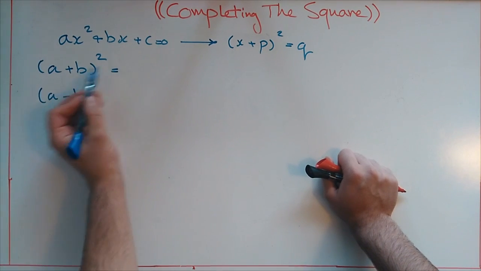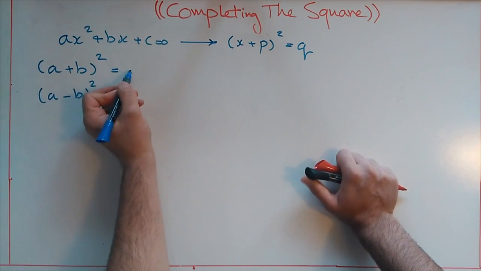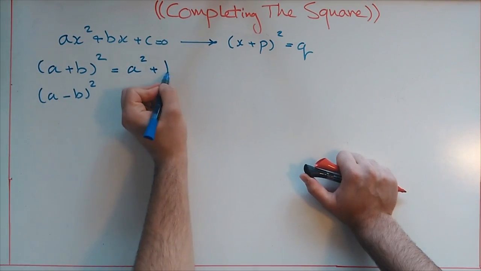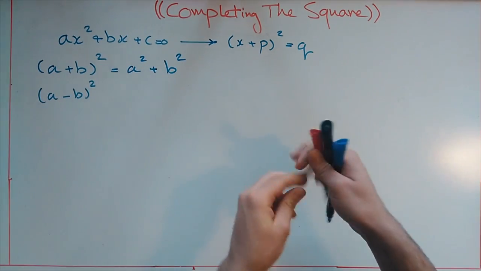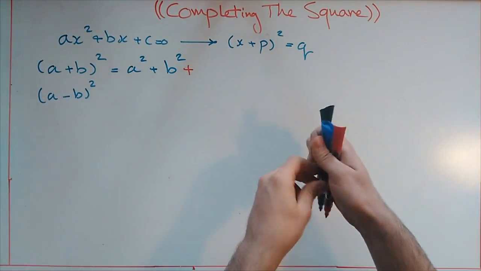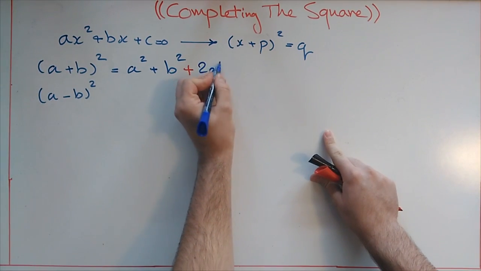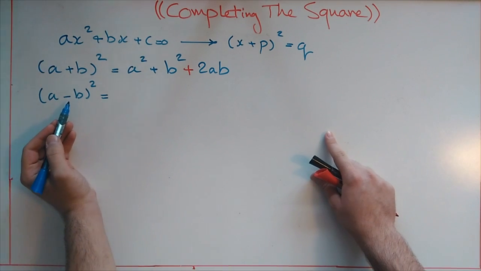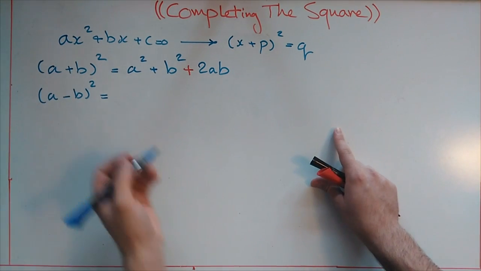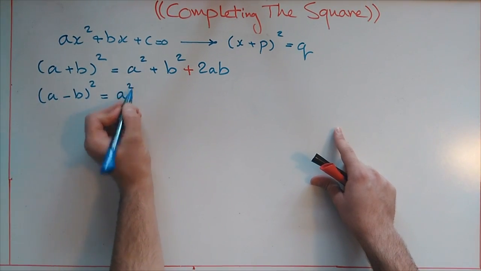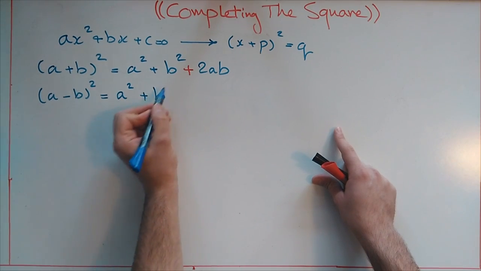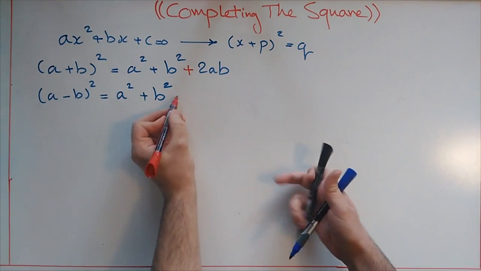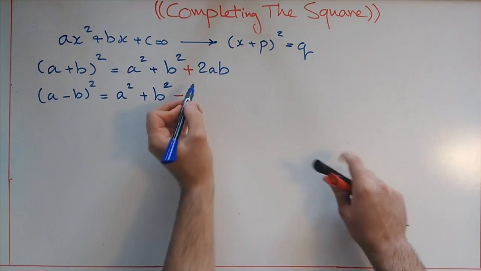The sum of a plus b squared is a squared plus b squared plus 2ab, and the sum of a minus b squared, the product, is a squared, again plus b squared, but minus 2ab.